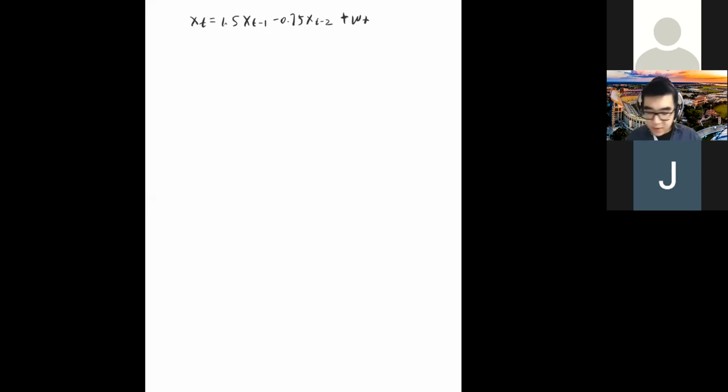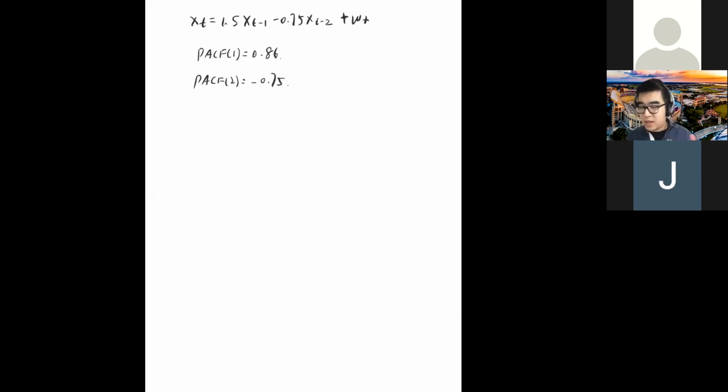This is the AR2 model that I give, and I tell you that the PACF1 is equal to 0.86, and the PACF2 is equal to negative 0.75. Recall that from our definition, the partial autocorrelation is the conditional autocorrelation, right?